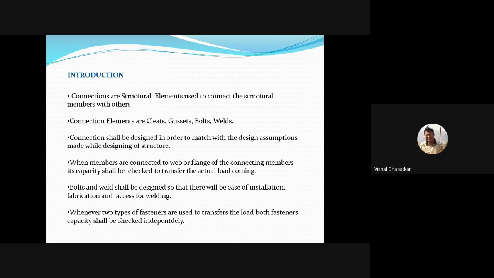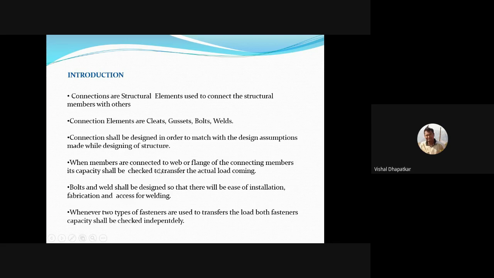So we have to check both the capacities. We have to check the bolt capacity as well as the weld capacity, and both shall be checked independently. There should not be a combination of their capacity. So if we are checking bolts for shear V, then for the same shear V, the weld shall be designed and checked.